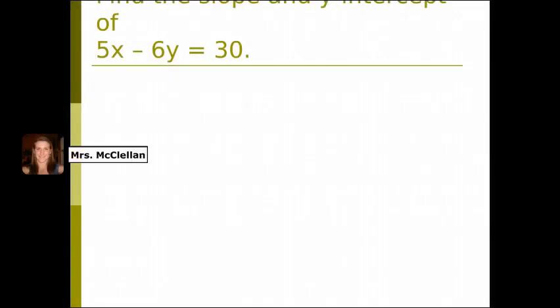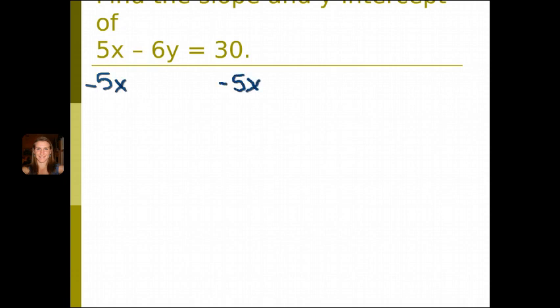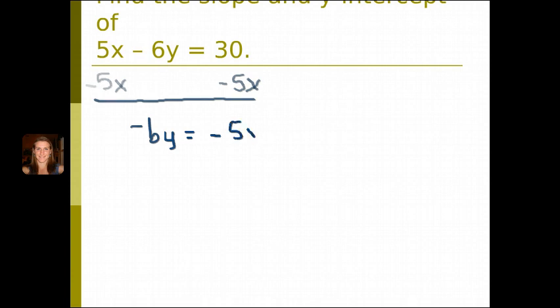Find the slope and y-intercept of 5x minus 6y equals 30. This equation is not currently in slope-intercept form. Therefore, before we can answer the question, we first must solve the equation for y. To do this, subtract 5x from both sides, which leaves us negative 6y equals negative 5x plus 30.